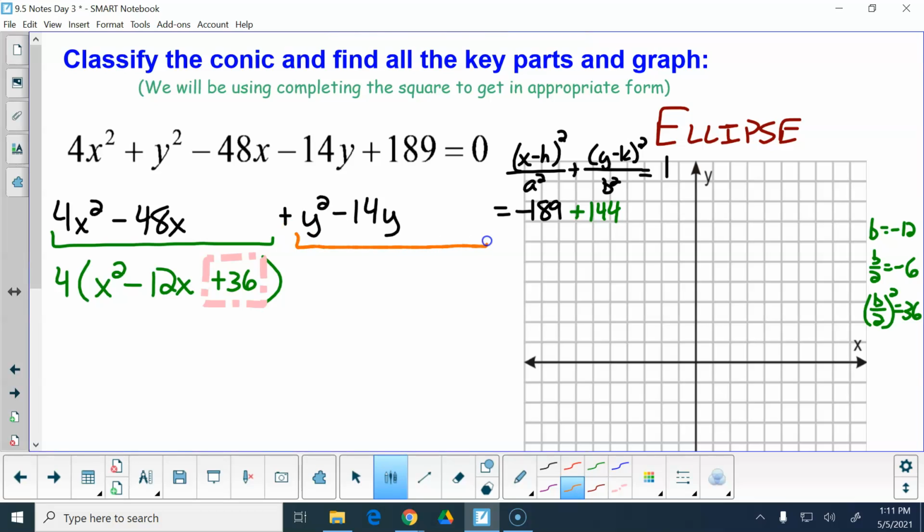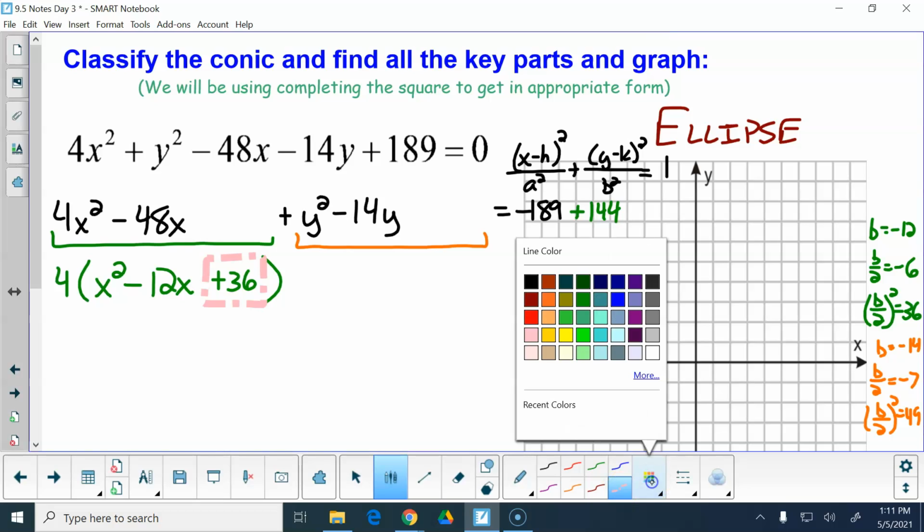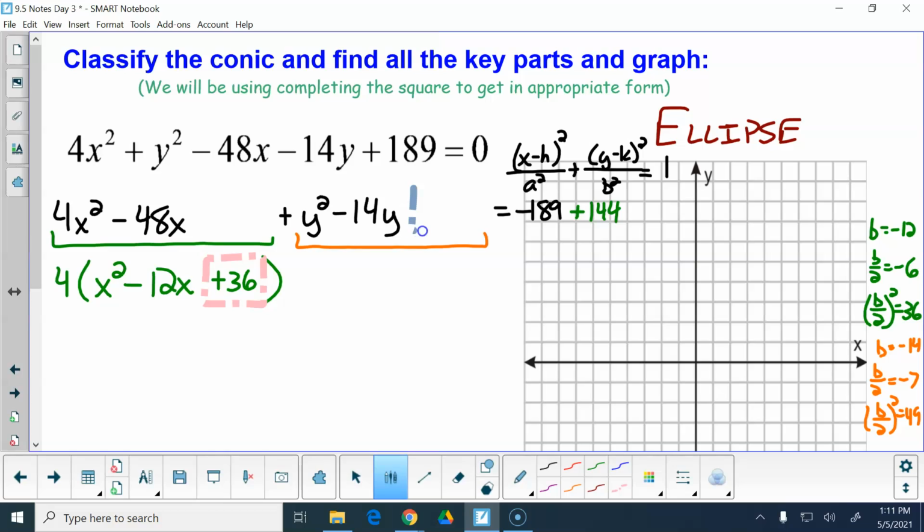Then I go to my y's. That gives me another b. This time it's negative 14. I divide that one by 2. That gives me negative 7. I square that one, and it gives me 49. So I'm going to fill this box with 49.